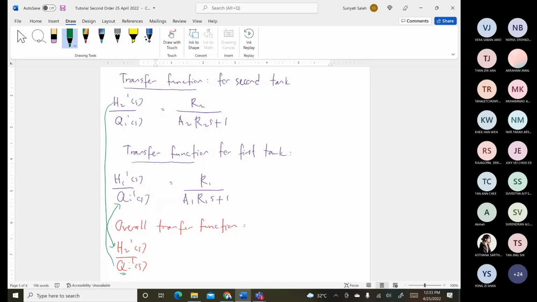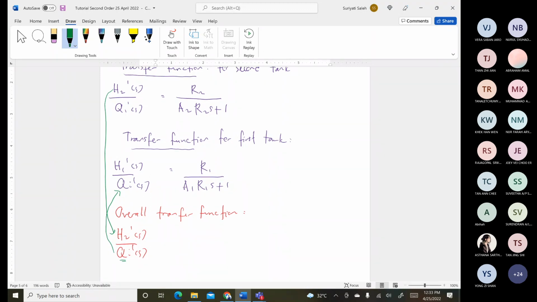So let's say in this case we want to rearrange it. We have H1 prime S over Qi prime S, and then we have H2 prime S over Q1 prime S.